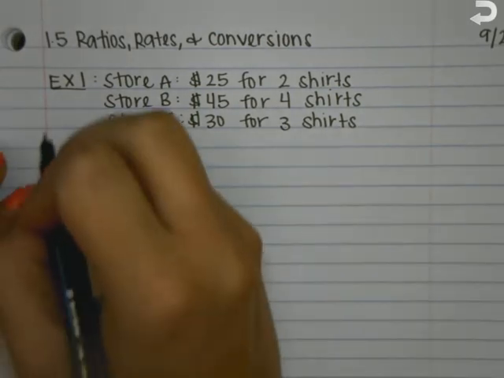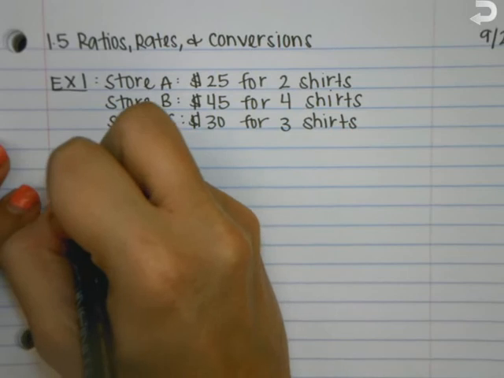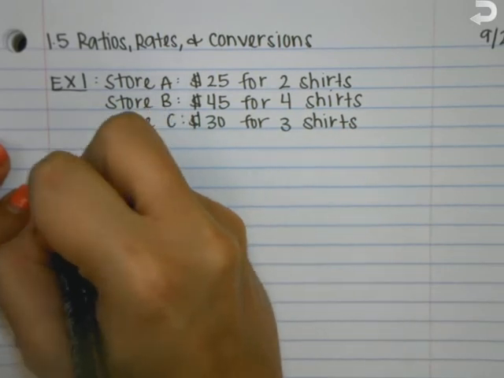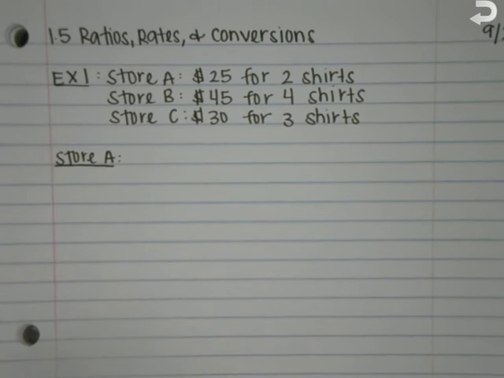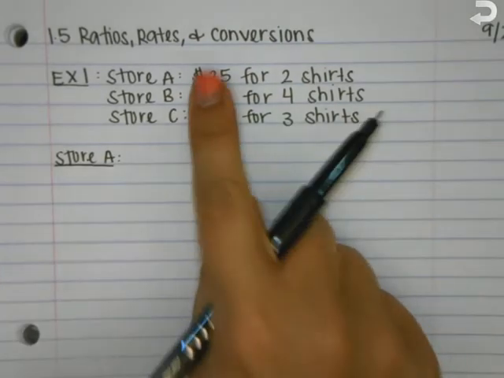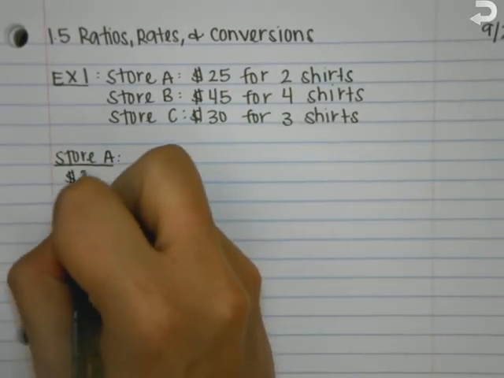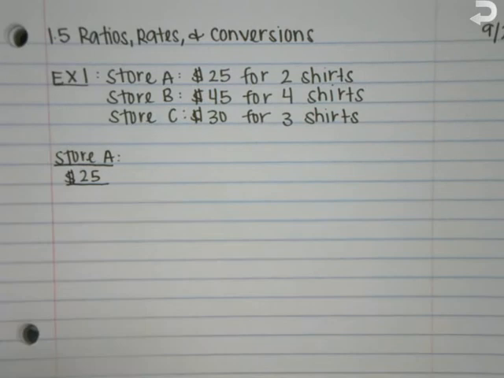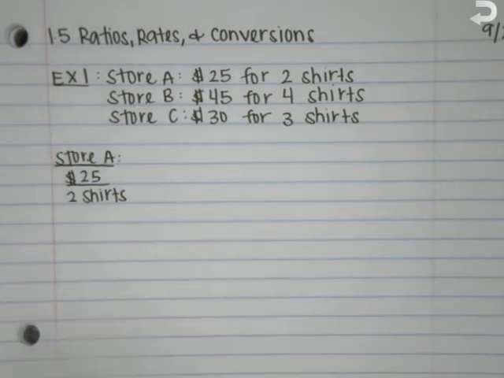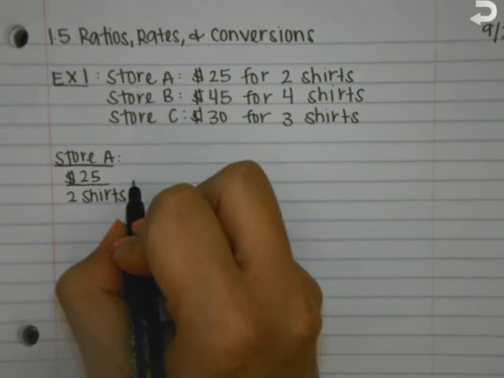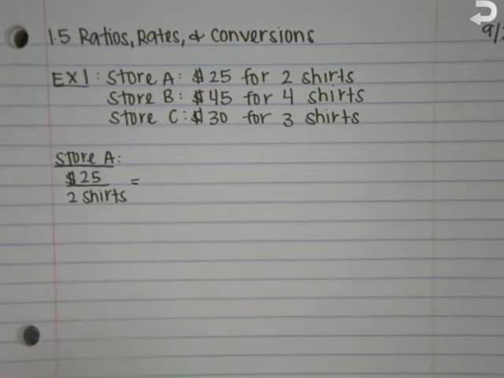So let's do this. Store A. We are going to write the value of the shirt as a ratio. So store A, for $25, you get 2 shirts. So write it as a ratio, $25 for 2 shirts. You can use a calculator on these. It's okay.